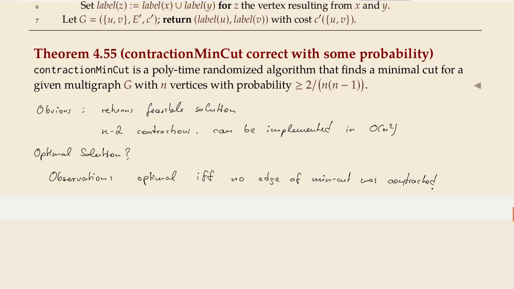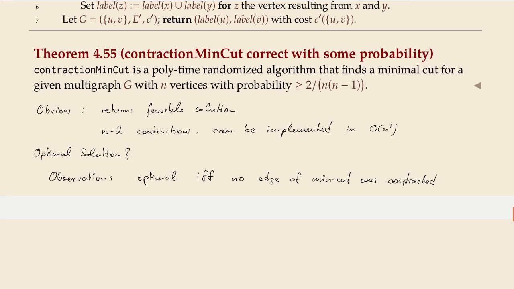One direction is easy. If we ever contract one of the min cut edges, then we put two nodes that should have been in two parts of the cut into the same set, so we will never come back from that. And the other direction, if we never contract the min cut edges, then if we go on until we only have two nodes, this must be a cut, then we have found the min cut, or one min cut.